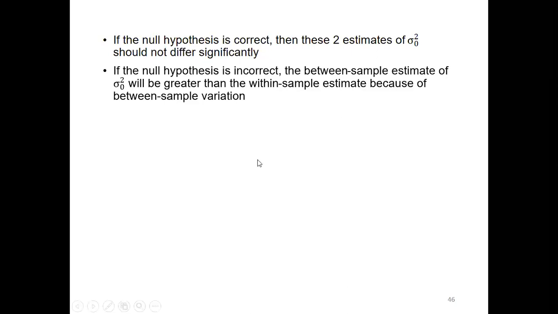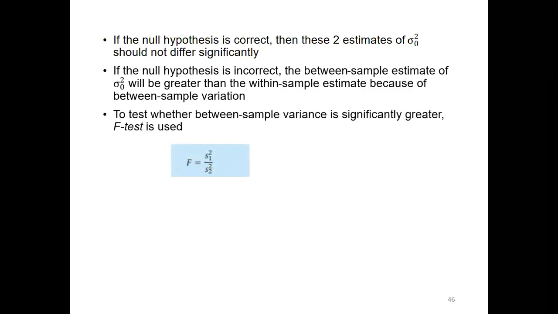So now let's see how we can test this hypothesis. To test whether between sample variance is significantly greater than the within sample variance, we perform an F-test. We learned this earlier: that is the variance of method 1 over method 2. I told you, whenever you perform an F-test, the numerator should always get the higher value, because F should be either equal to 1 or greater than 1.